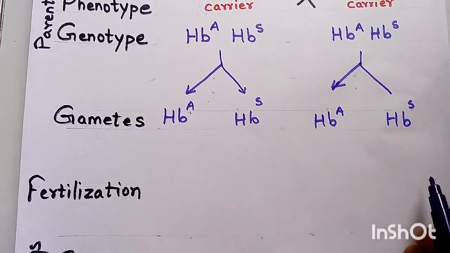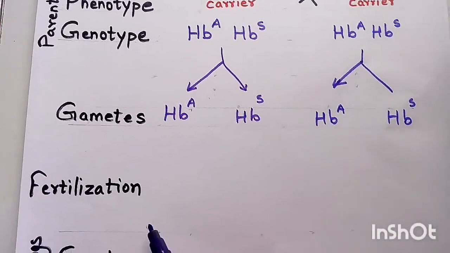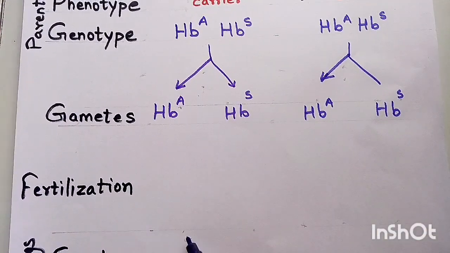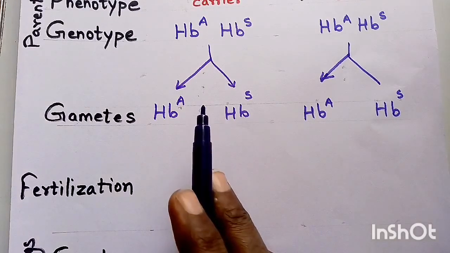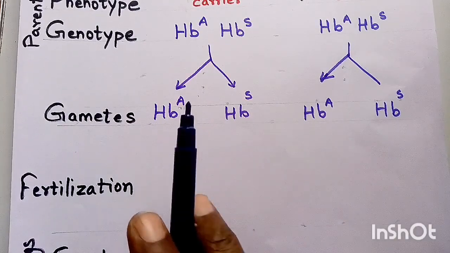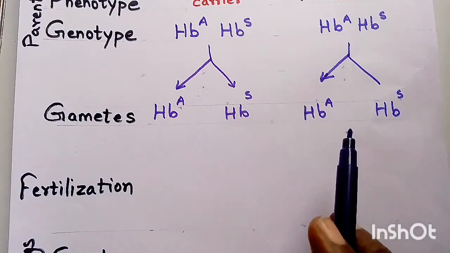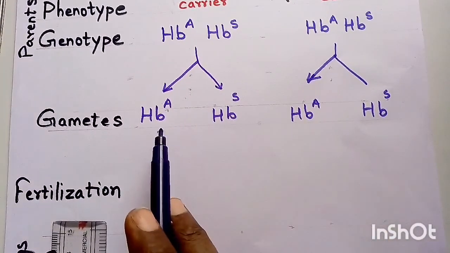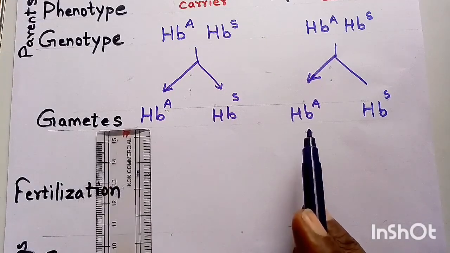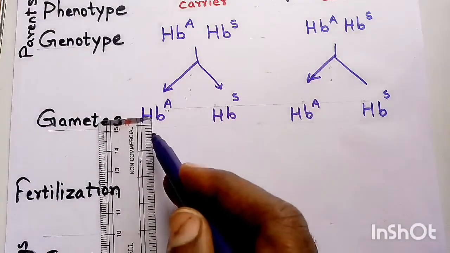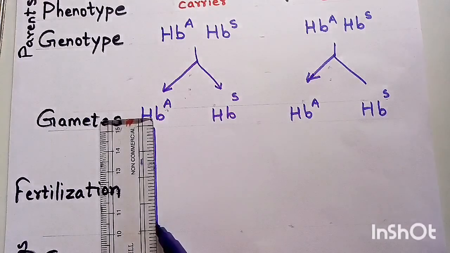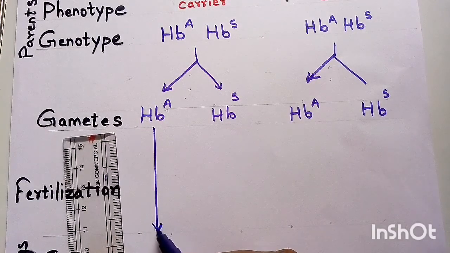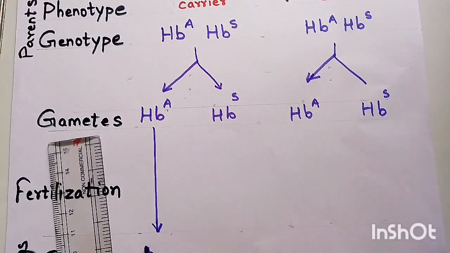Now, once the gametes are formed, the next process is fertilization. So what we have to do is fertilize one gamete from the male parent with a gamete from the female parent. First we will take this gamete and cross it with the other one. So what will be the result of that? This is the first one, it will be HbA.